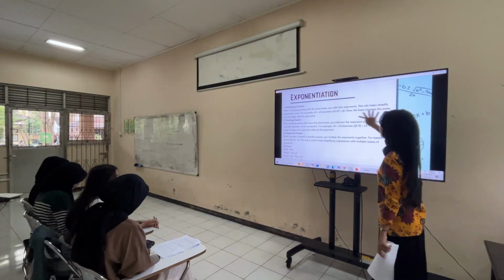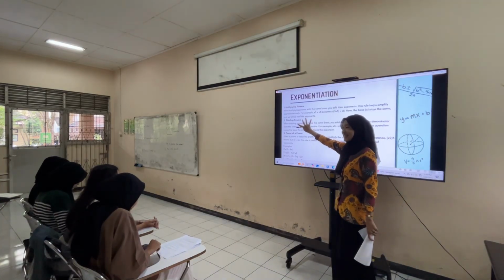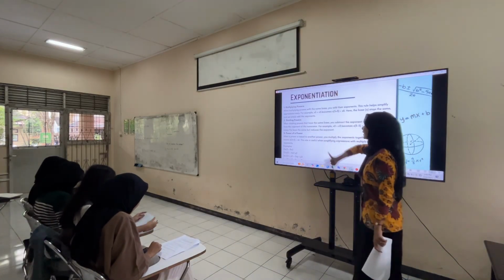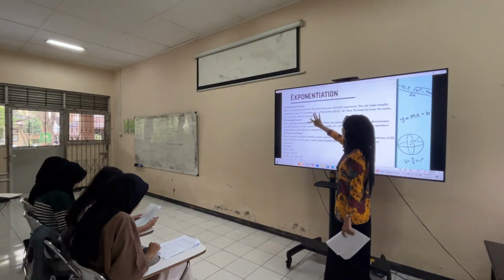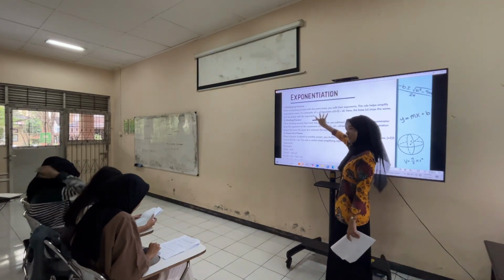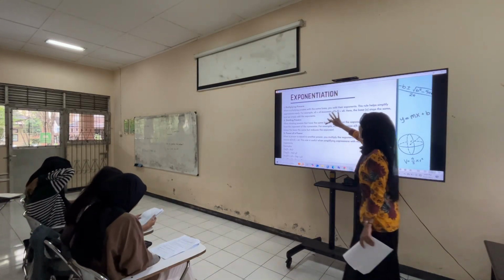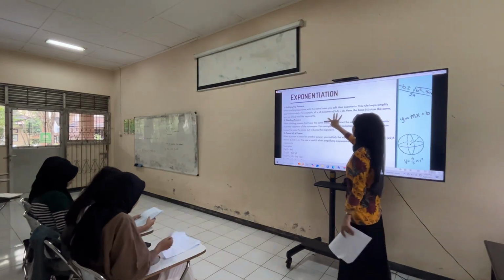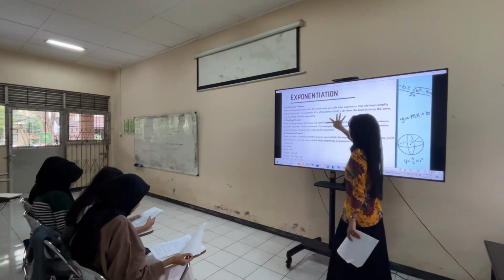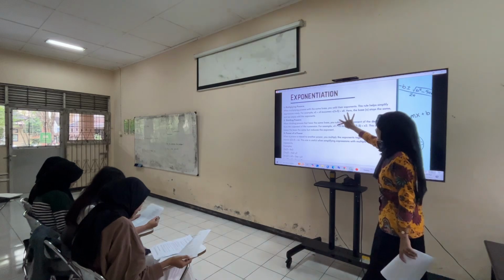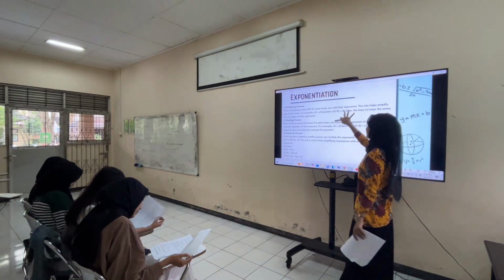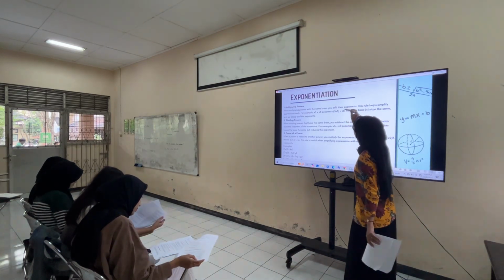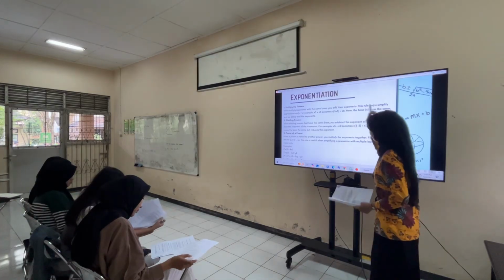These rules help simplify expressions easily. For example, x to the power of 5 times x to the power of 3 becomes x to the power of 5 plus 3, which is x to the power of 8. This is the result.